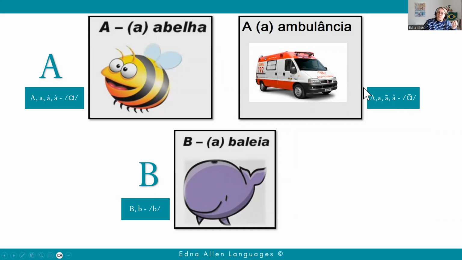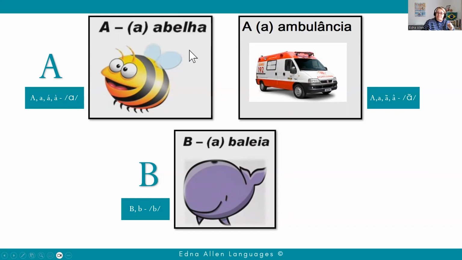A is a more open sound. So it would be a abelha, abelha, a abelha. This letter here is telling me that this word is feminino. It's a feminine word. É feminino. É a abelha, not o abelha.